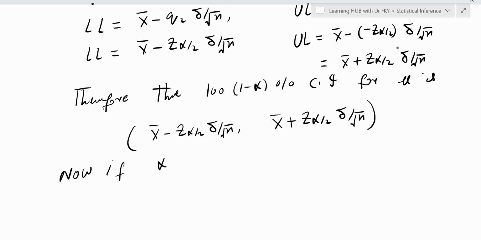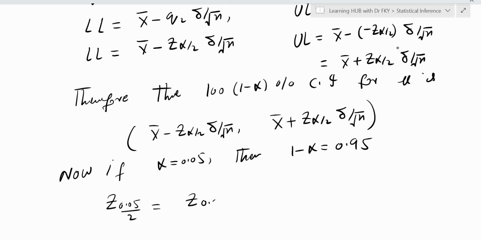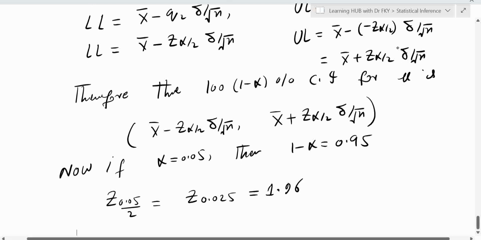Now if alpha is equal to 0.05, this means that 1 minus alpha is equal to 0.95. In that case, you can see the values from the normal table, that is Z 0.05 divided by 2, which is equal to Z 0.025, and we can see the value for this against this probability, that can be 1.96. You can see the table.